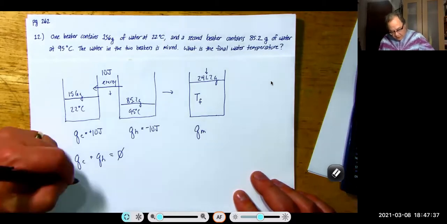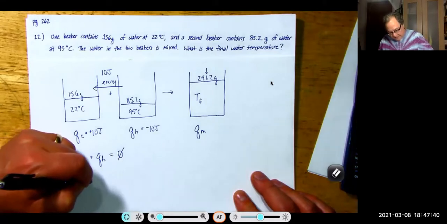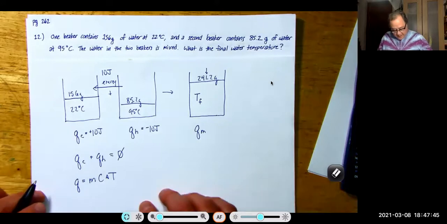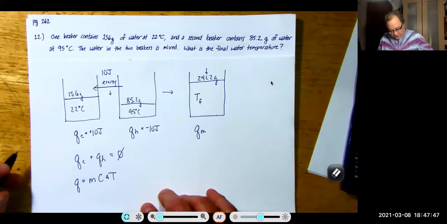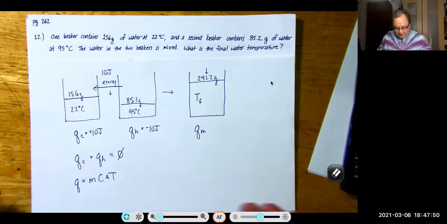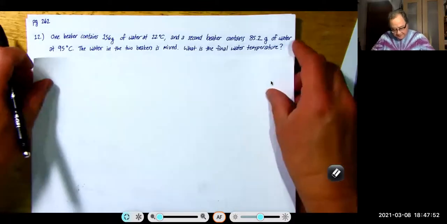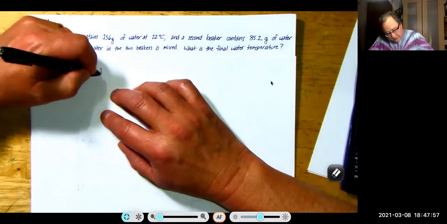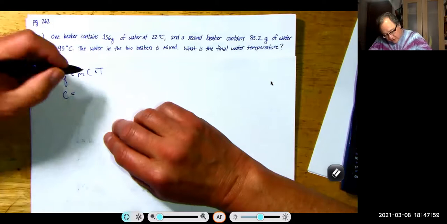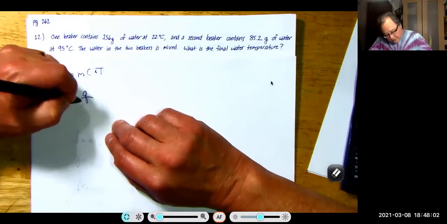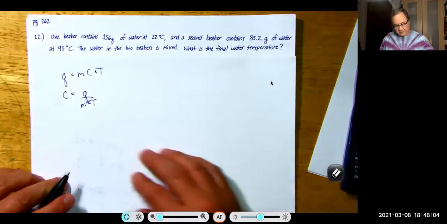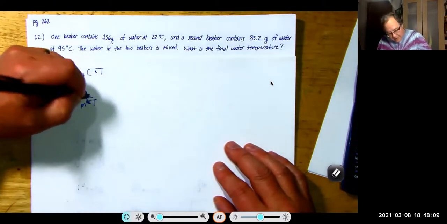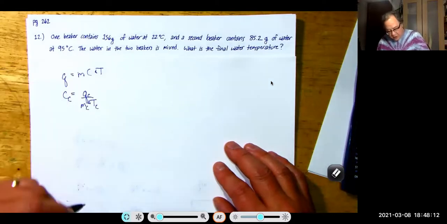Now, remember Q is equal to m c delta T, right? So here, I'm going to change my piece of paper and I'm going to write C is equal to Q over m delta T. Now, C of the cold water is Q of the cold water over mass of the cold water, change in temp of the cold water.